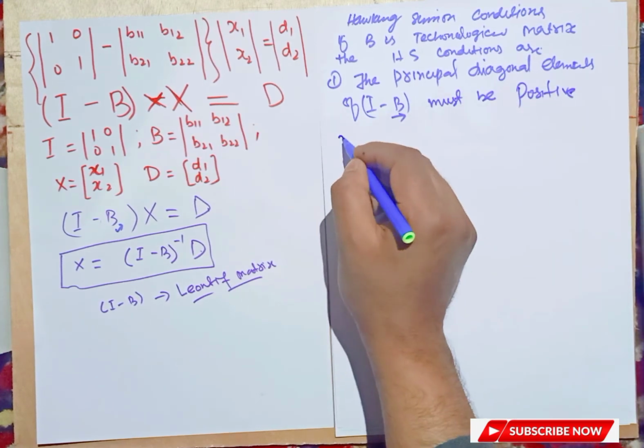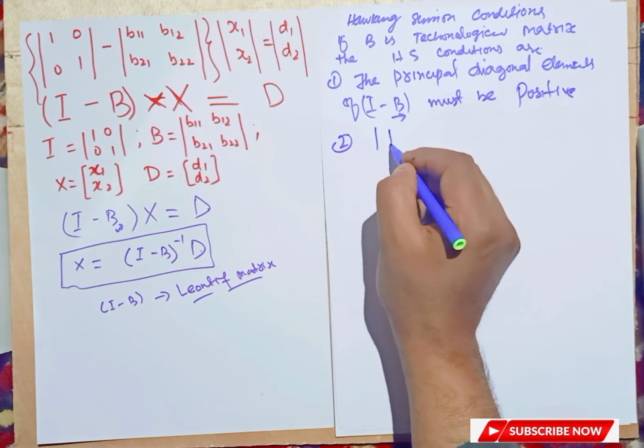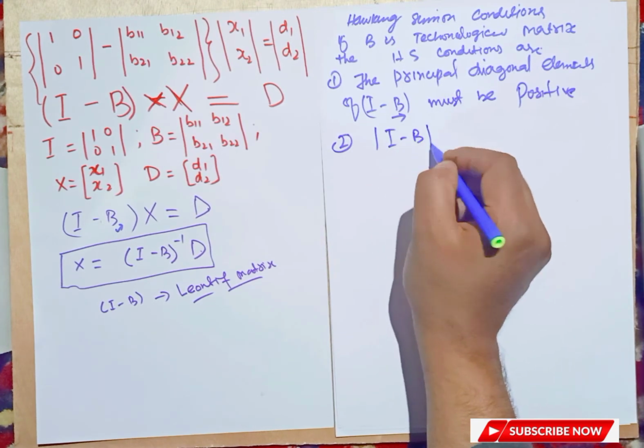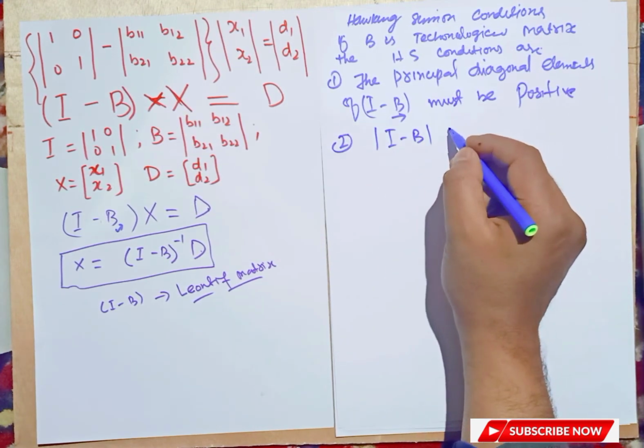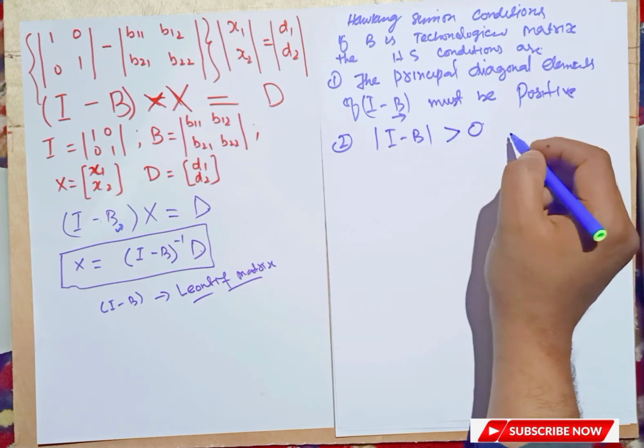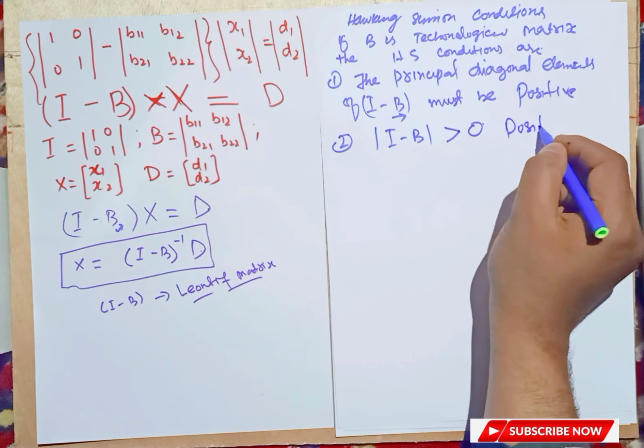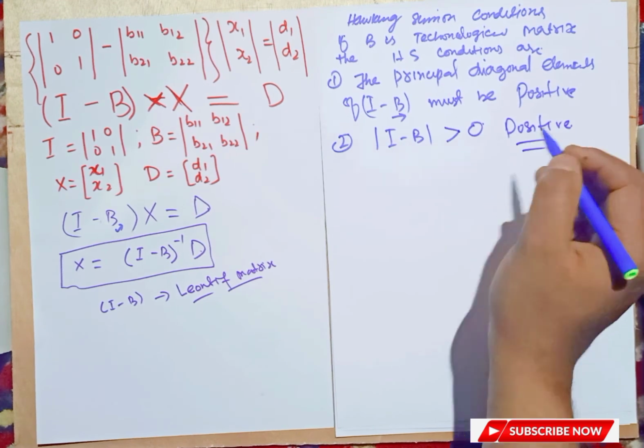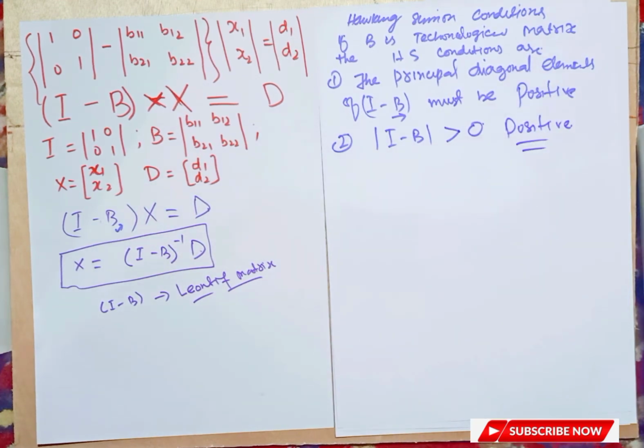The second condition is that the determinant of the Leontief matrix, that is I minus B, should be greater than 0. It should be positive. These are the Hawkins-Simon conditions in checking the viability of the solution.